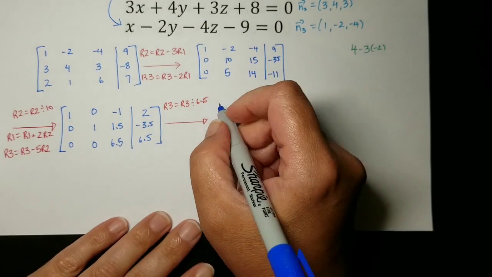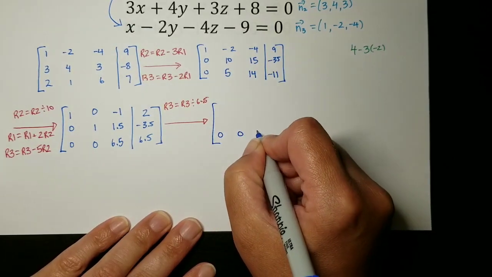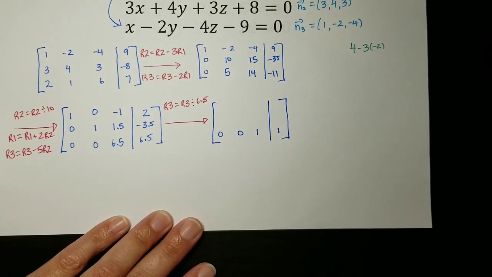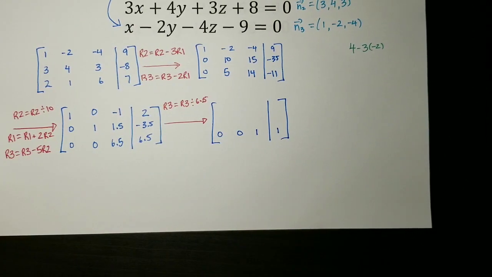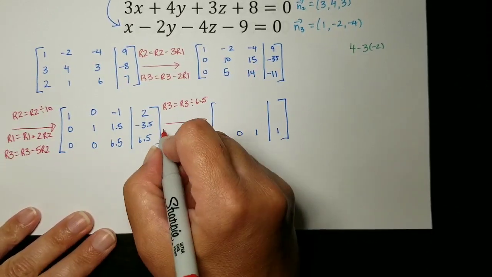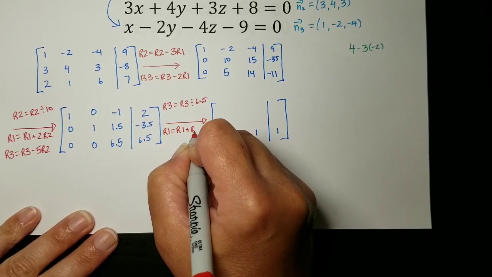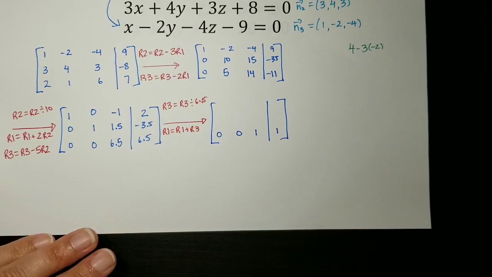And I've got 0, 0, 1, 1. Now I can eliminate these ones. So row 1, I guess I'll do first. Row 1 equals row 1 plus row 3, because that negative 1 plus that positive 1 will zero it out.